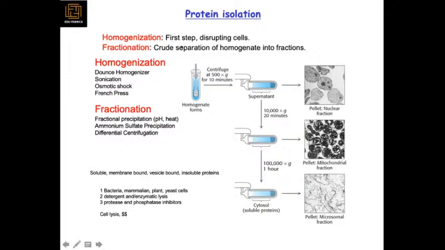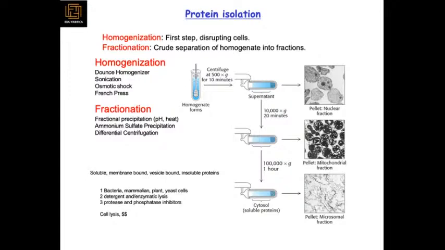So here you can see on the right hand side, you have a homogeneous form of your cell culture. Your cells are there. Then you centrifuge at 50 G for 10 minutes. So you have first of all a supernatant, and then at the bottom is the pellet. At the first, when you do this you have a homogeneous form and supernatant, and the pellet has your nuclear fraction.